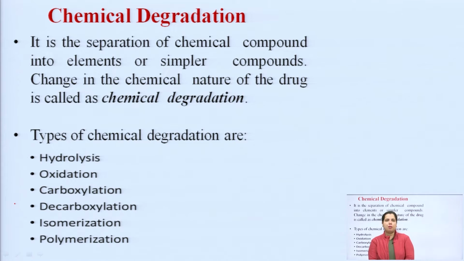Chemical degradation is the separation of chemical compounds into elements or simpler compounds. A change in the chemical nature of the drug is called chemical degradation. When the drug is chemically changed during storage, when we formulate the preparation and keep it for further use, that period is called the storage period.